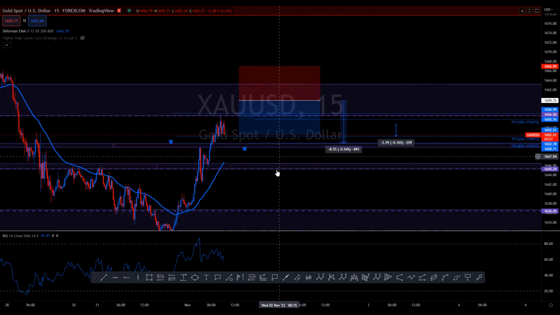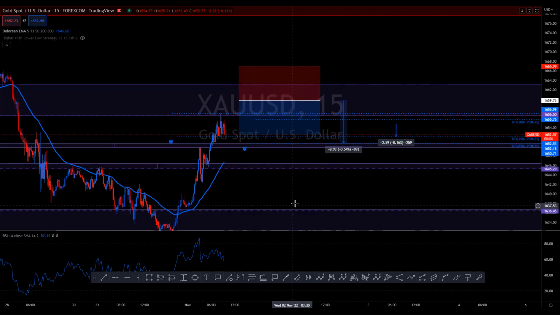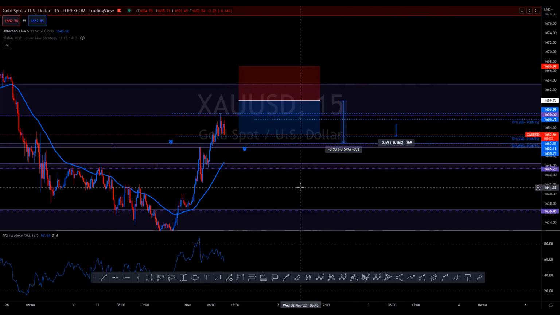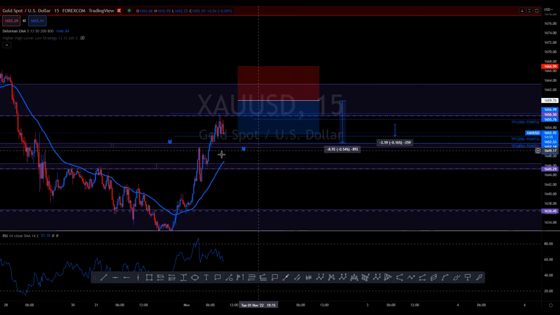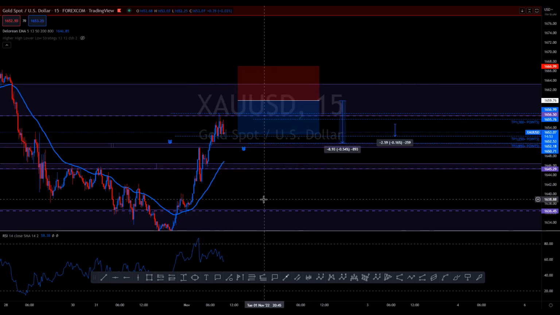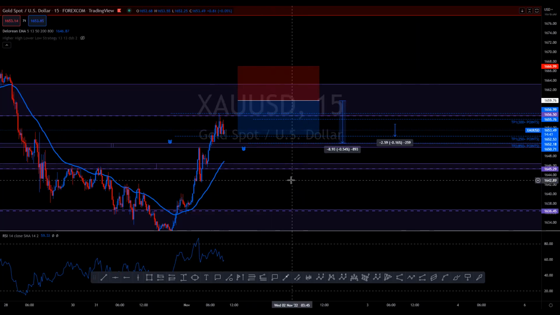Price keeps on going, but it's selling. 3, 2, 1. Price might be resting on this demand zone, though. Looks like it's buying up.